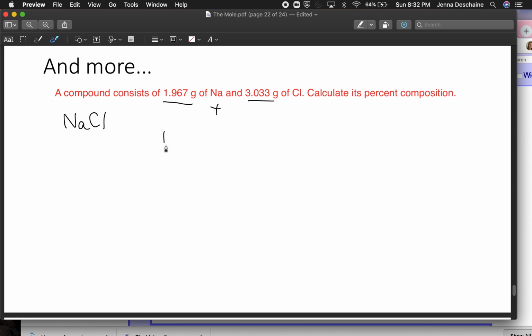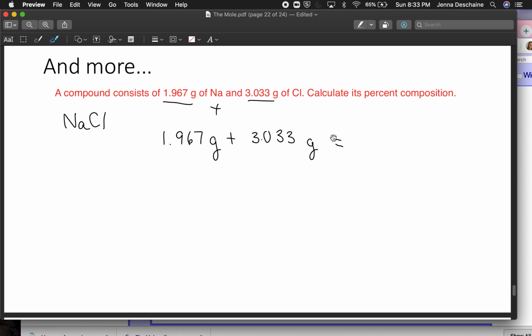So I'm going to do 1.967 grams plus 3.033 grams, and that's going to tell me what the total mass of the compound is.